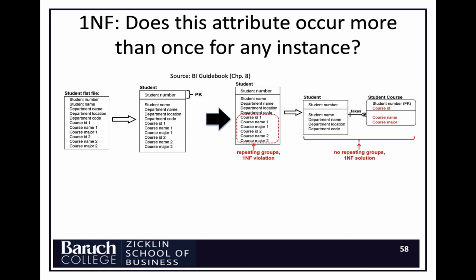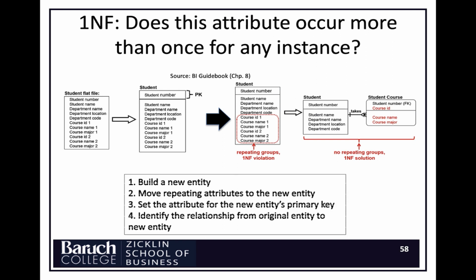The first normal form refers to the steps where we try to see if there's any repetitive attribute in our table. So we look at our table. For instance, if we look at this table, we have a student file, but we have course information that are being repeated. Let's say we want to see what courses each student takes.